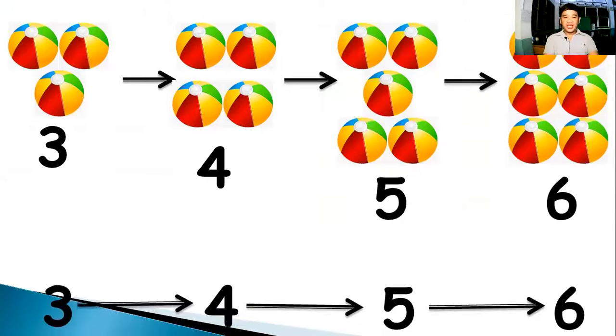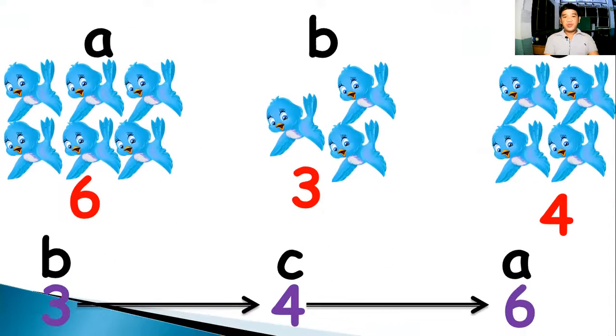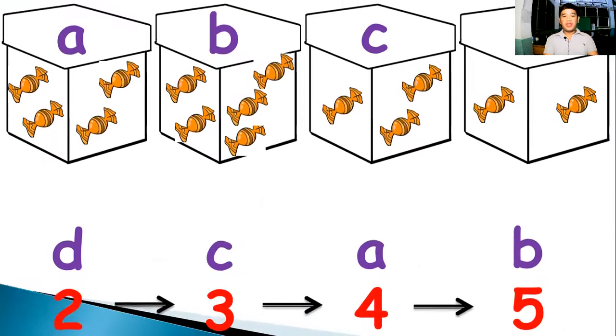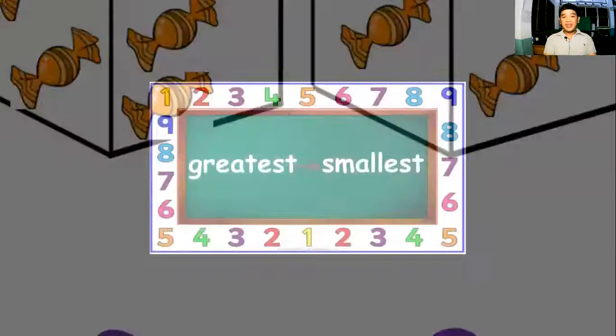Okay, so we have here the balls, and you know how to arrange the numbers from smallest to greatest. So we have another one, the 3, 4, and 6. Anyway, this is only a review, okay? And then another one.